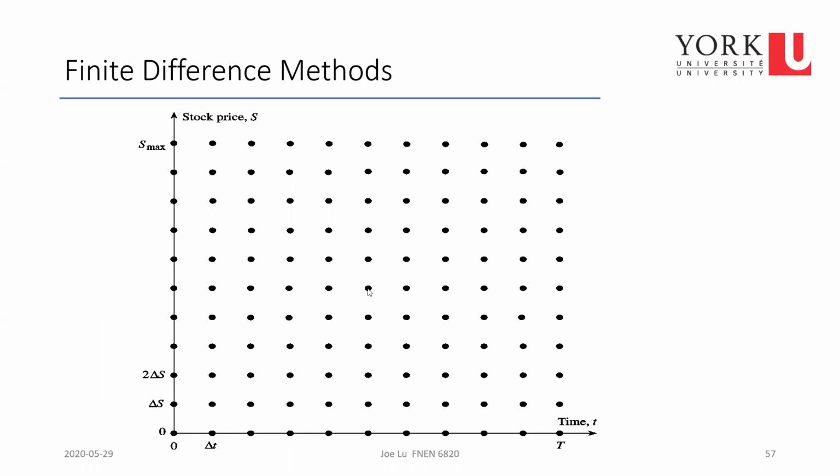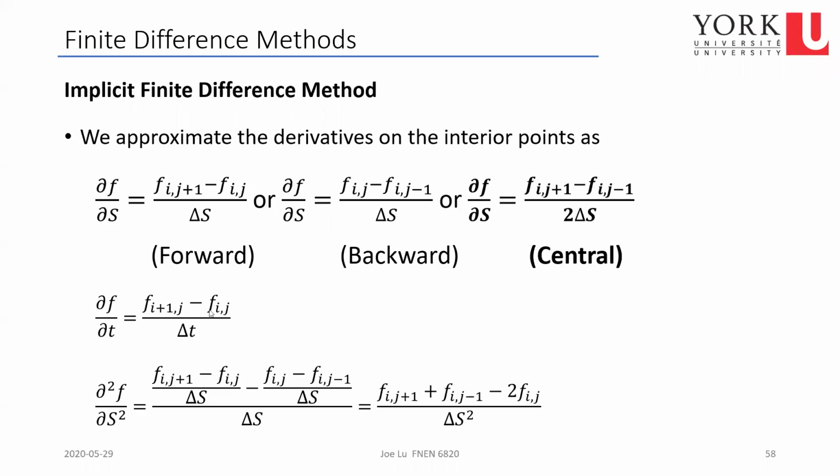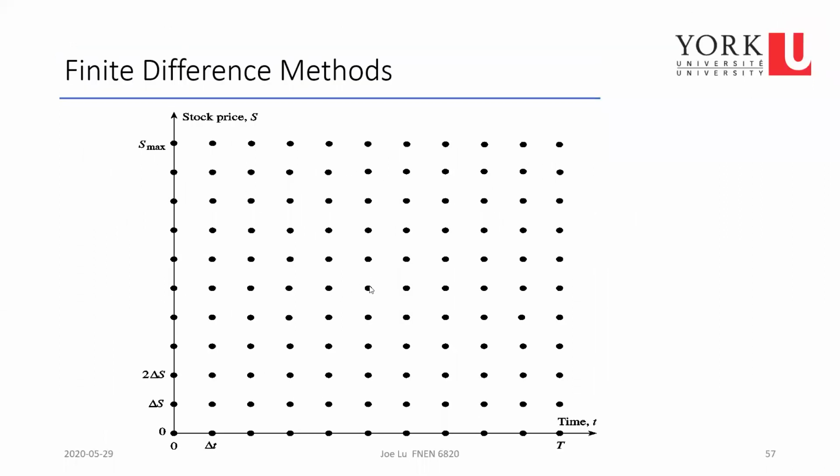So if you call this the ij point, you're getting one estimate of the partial derivative by f i j plus 1 minus f ij divided by delta S, which is this one here. And the other one is calculated from f ij minus f i j minus 1, divided by delta S.